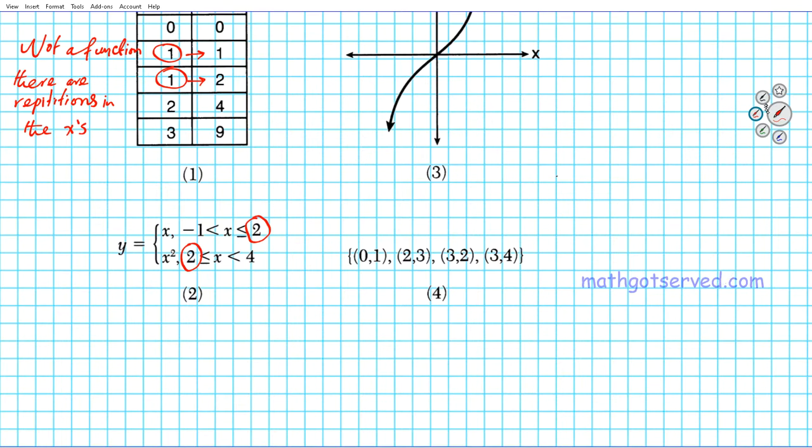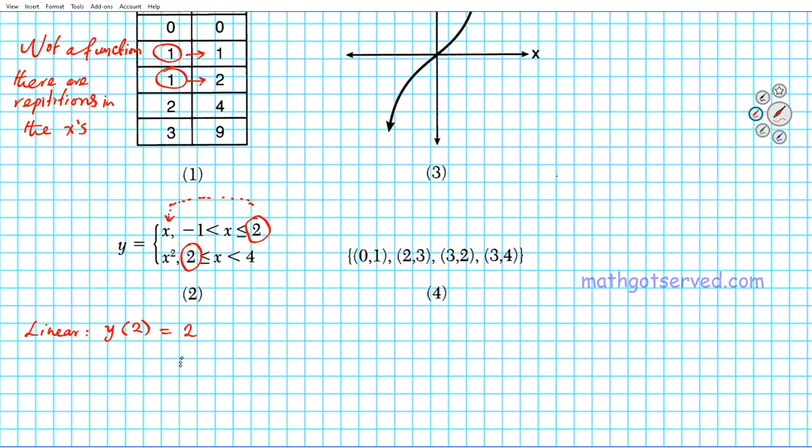Let's look at the linear function first. We're looking at x equals 2. We take this 2 value and input it into the function to see what the output is. y of 2 is simply x evaluated at 2, which is just 2.